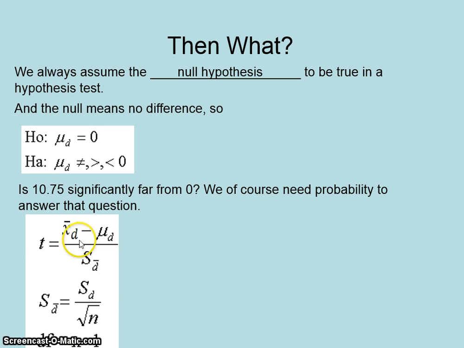Then, of course, you will take that t value and you will do tcdf on your calculators, or you can use StatCrunch, but you're going to do tcdf to find the p-value. And the p-value will help you make your final decision whether anti-lock brakes made a significant difference or not.